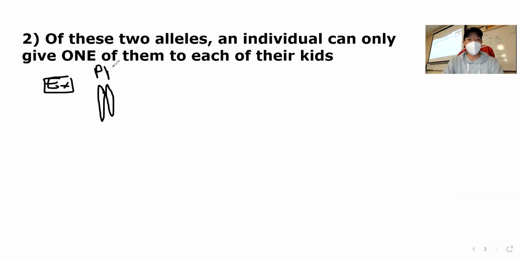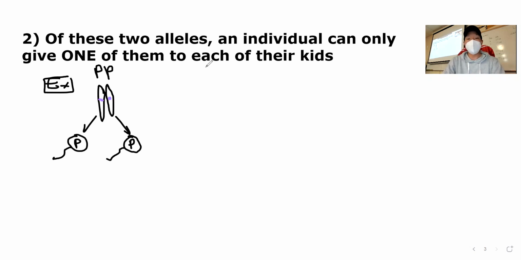If a flower is big P, and it's got 2 copies of the purple, it's never ever going to be able to give both of them to their kids, okay? It's going to take one of them and the other, and it's going to split them apart. And let's say this is a male. That male is going to make a sperm, and each sperm is only going to have one of those big P's, one of those chromosomes.